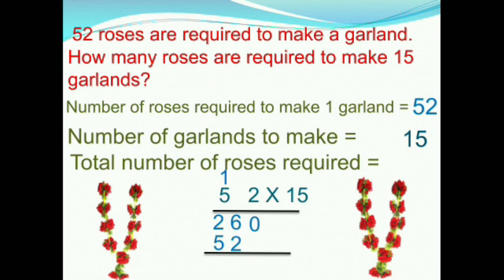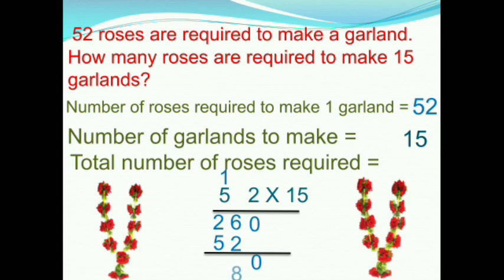Next we should add these two numbers. First we should add units place digits. Here only 0 is there. So we will write 0 in units place. Next we should add tens place digits. The tens place digits are 6 and 2. 6 plus 2 is equals to 8.